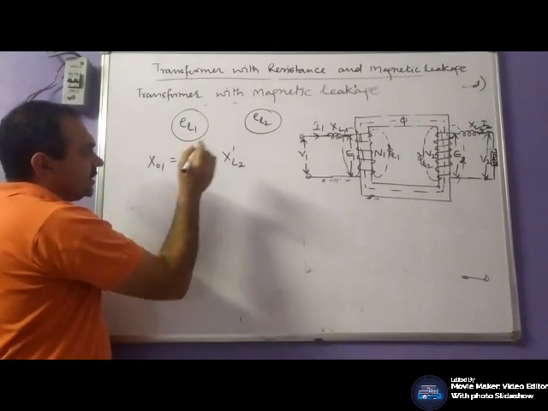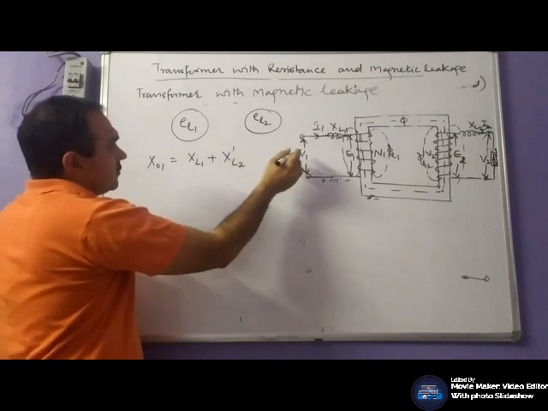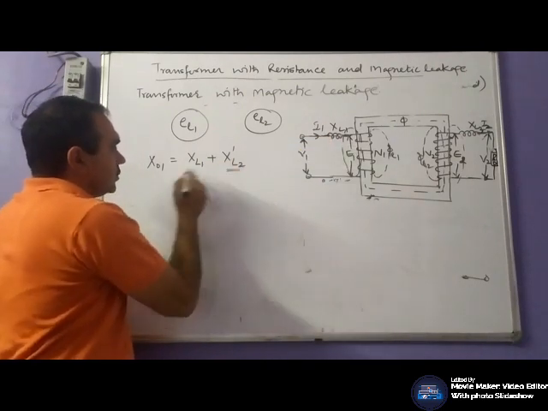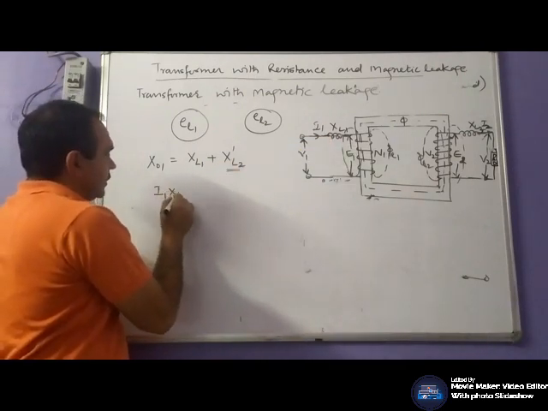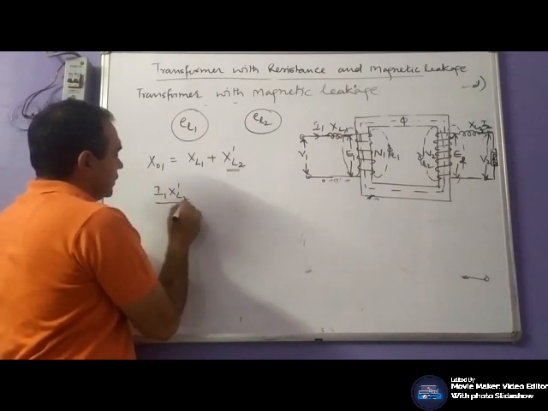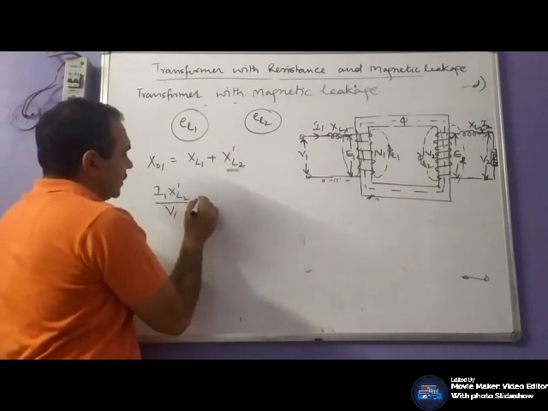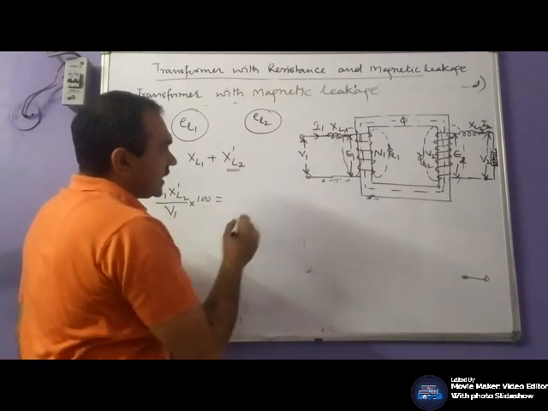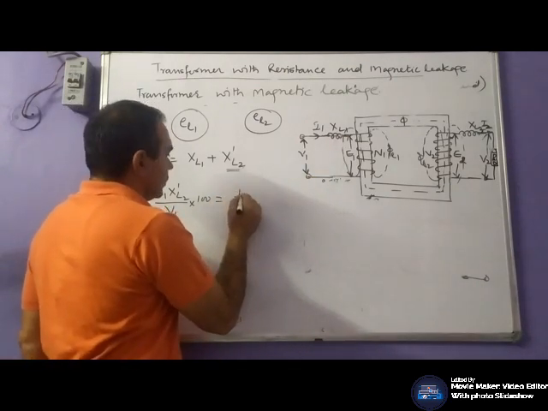On the primary side, what is its voltage drop? I1 XL2 dash divided by V1 into 100. On the secondary side, what was its drop?